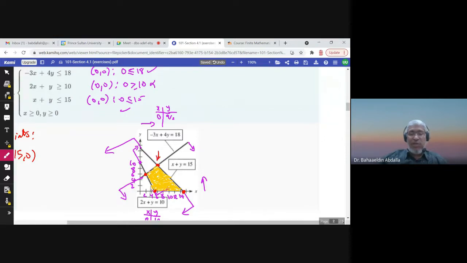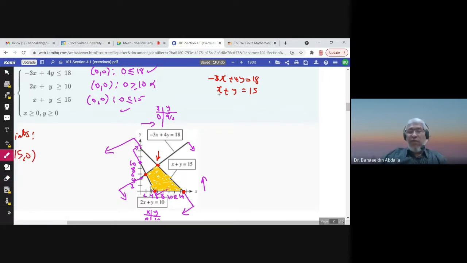This point is the intersection between this line, which is negative 3x plus 4y equals 18, and this line, which is x plus y equals 15. So the intersection between this line and this line will give you the coordinates of this point. Good. So let us solve these two equations together.